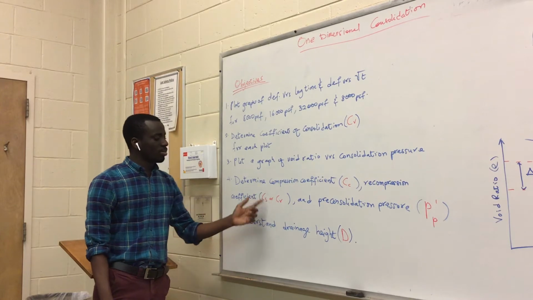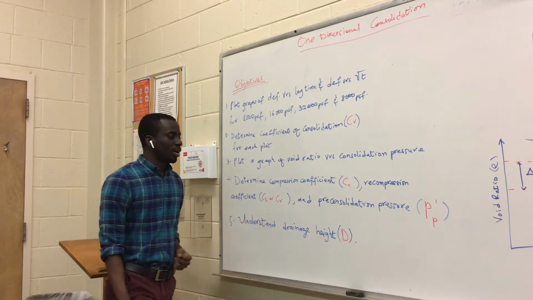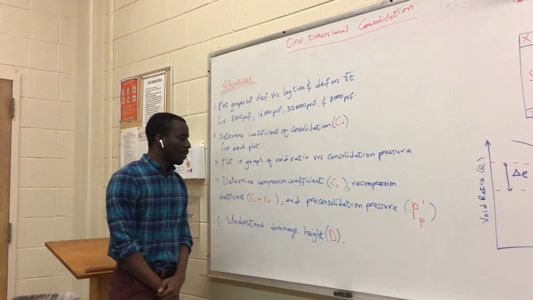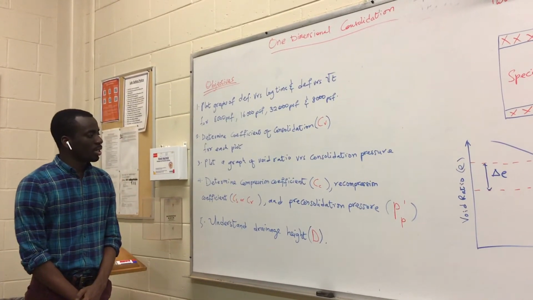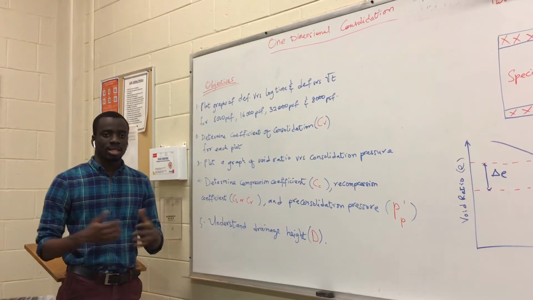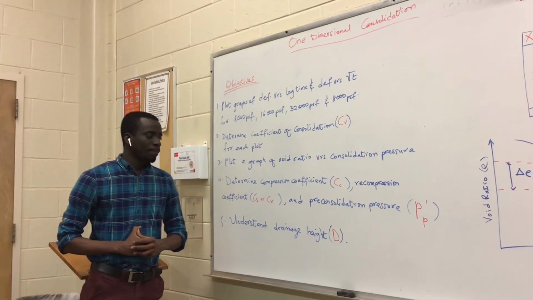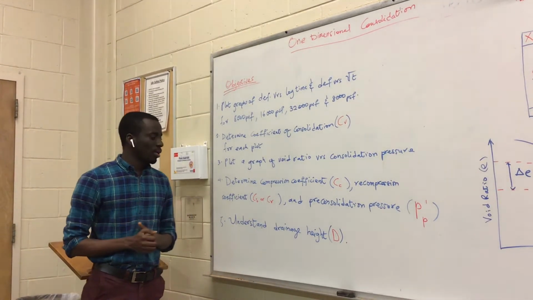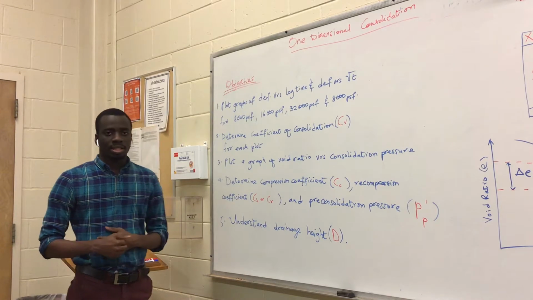It's CS because sometimes it's actually swelling, and then the preconsolidation pressure. Now, the CC or the compression coefficient simply helps us to estimate the settlement that occurs in normally consolidated clays. And for the CS or CR, it helps us to estimate the settlement that occurs in overconsolidated clays.